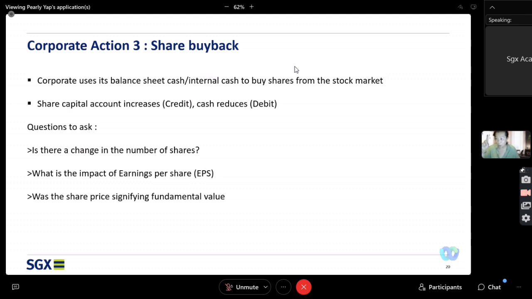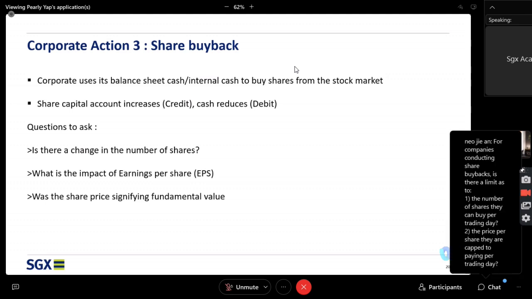Now what has changed? If they say we are going to do a share buyback and we cancel the shares, that is when the total number of shares changes. We do a share buyback and we cancel the shares that we bought back.